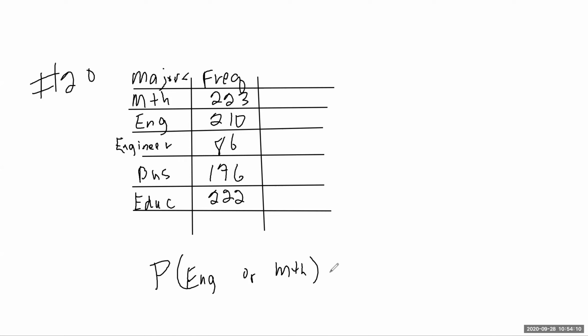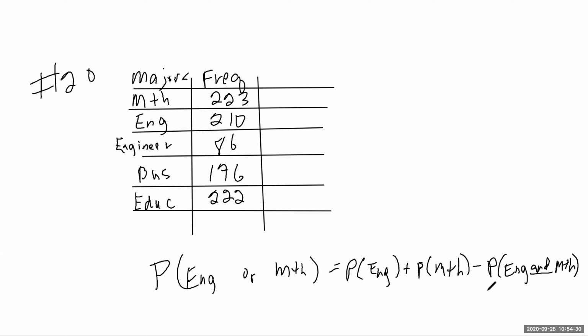That is the probability of getting an English graduate degree, according to this data, plus the probability of getting a math graduate degree, according to this data, minus the probability of getting both. Now we know, from the way the problem is stated, that this is 0. They say nobody can get both.